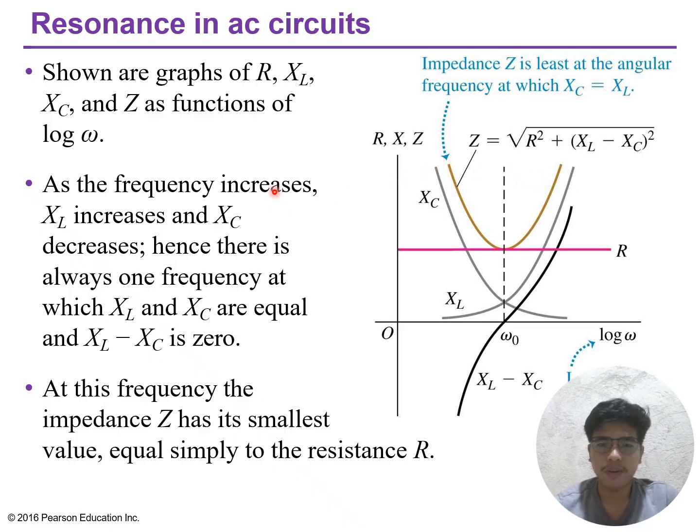logarithmic angular frequency. As frequency increases, X subscript L increases linearly while X subscript C decreases hyperbolically, crossing at the resonant frequency, omega naught, where X subscript L is equal to X subscript C and X subscript L minus X subscript C is equal to 0.